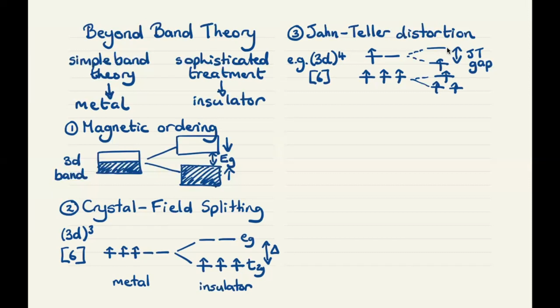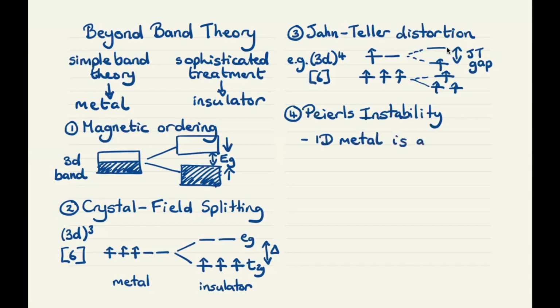So this is an example where coupling to the structure turns what in the simple picture would be a metal into an insulator. And then the last example I wanted to remind us of is the Peierls instability, which is again a coupling between the electronic properties and the physical structure. And the Peierls theorem tells us that a one-dimensional metal is always unstable to a structural distortion that opens a band gap.